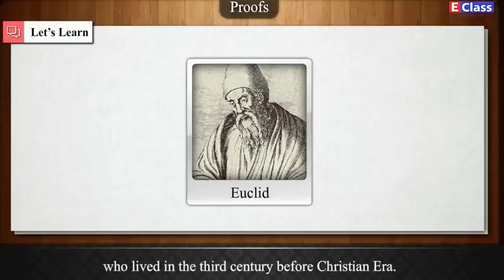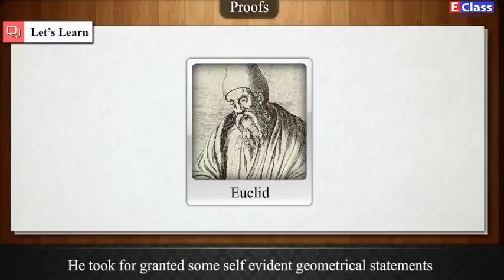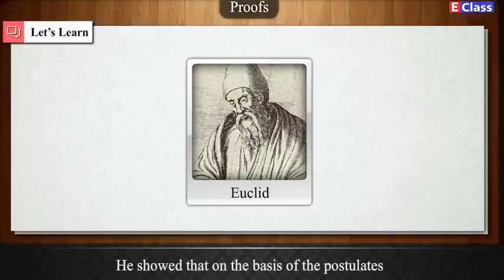He gathered the knowledge of geometry prevailing at his time and streamlined it. He took for granted some self-evident geometrical statements which were accepted by all and called them postulates. He showed that on the basis of the postulates, some more properties can be proved logically.